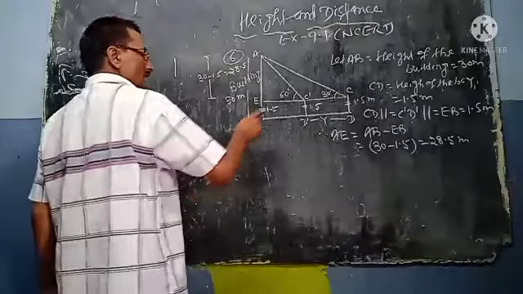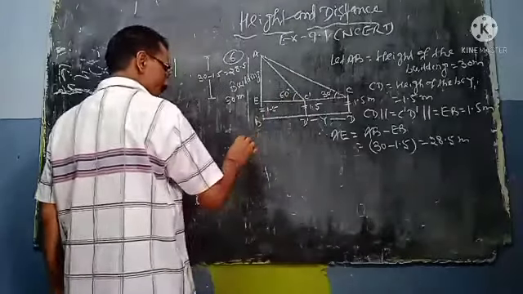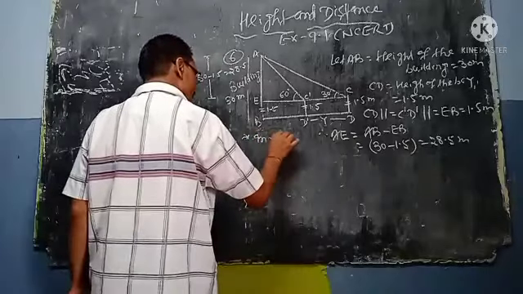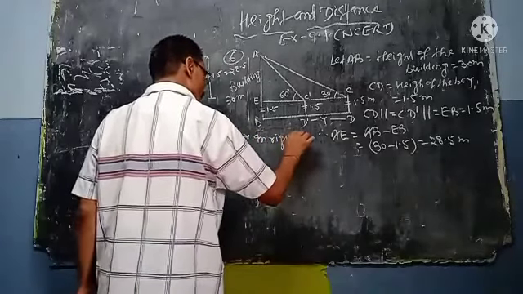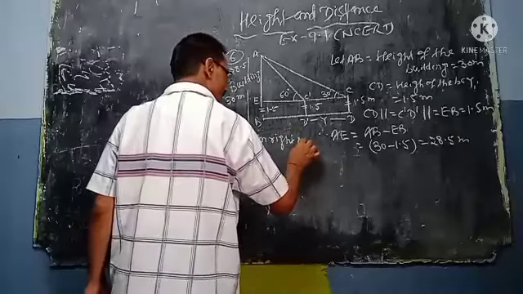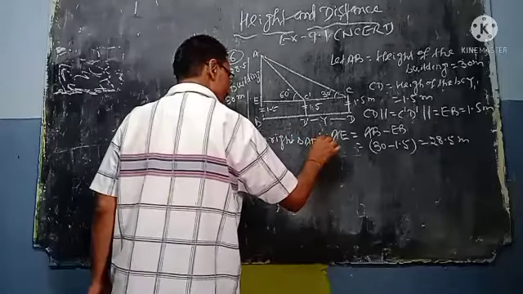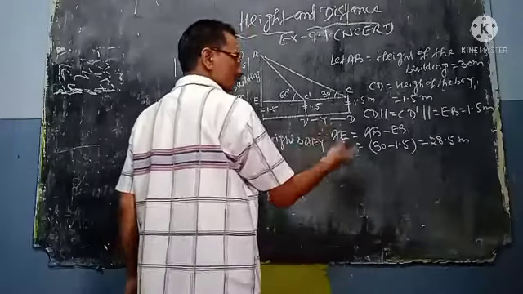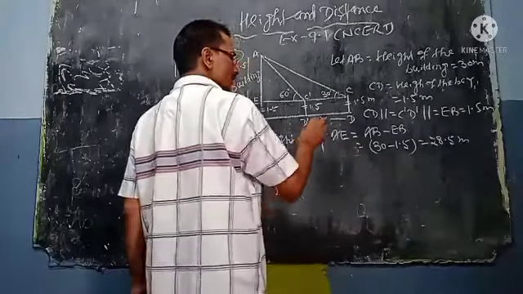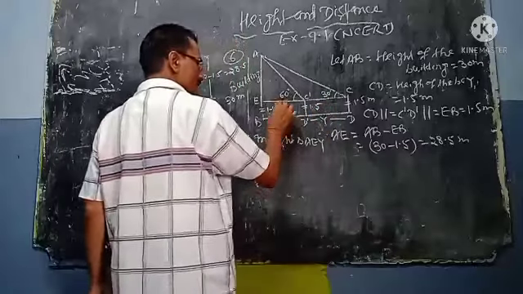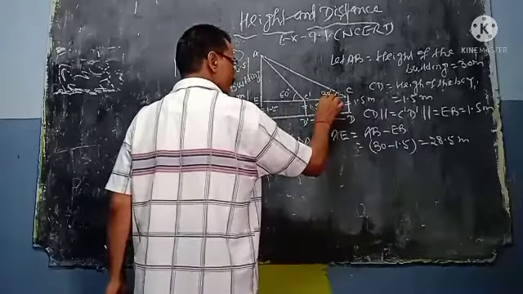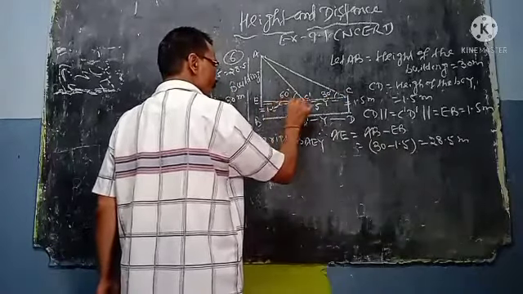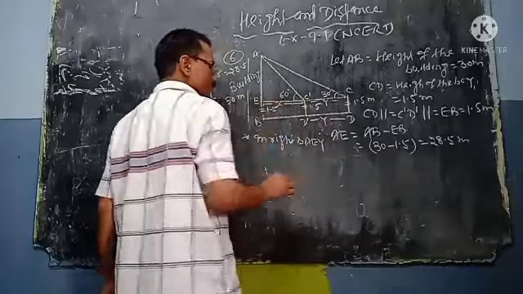Now take the right triangle AEB. This is the walking distance that the boy walked to change the angle. Suppose this part will also be y, and suppose this part is x.